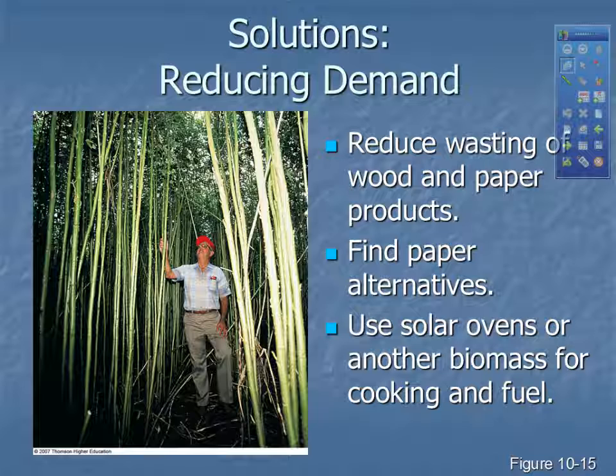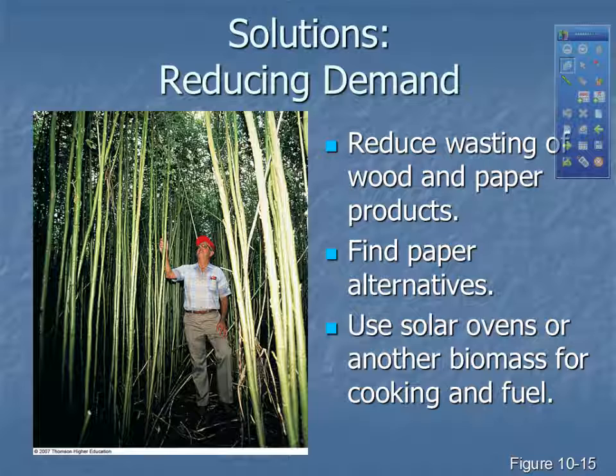So to fix this problem, to help with tropical deforestation or deforestation in general, reducing demand is the first step. So don't waste. You've been, again, drilled into your head probably since kindergarten not to waste paper. Try to find alternatives for paper. Bamboo is a big alternative. It grows really fast, and its use is increasing. It can be used almost interchangeably.